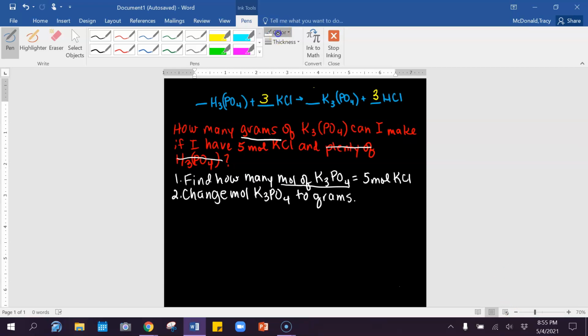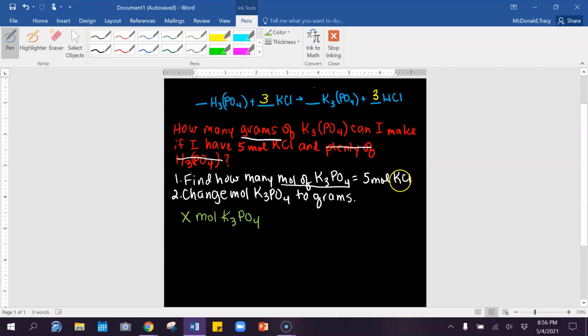Okay, so number 1 says that we need to find out how many moles of K3PO4. So how many moles? That indicates that that is our variable. So we have x moles of K3PO4, and we want to know how much of this we can make if we have 5 moles of potassium chloride.